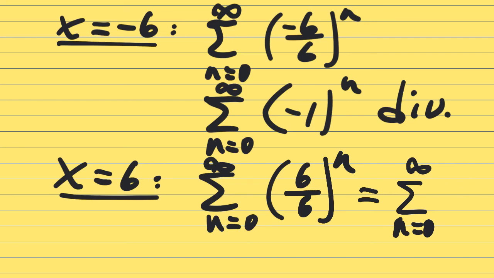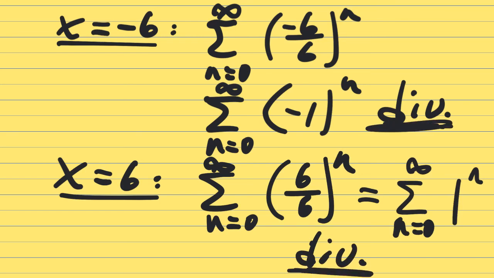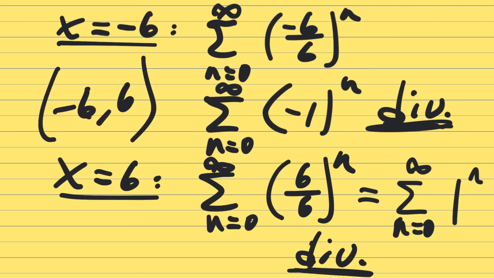So the sum from 0 to infinity of 1, no matter what the power is, that's also divergent. Since we have divergence at both endpoints, your interval of convergence is -6 to 6, both with parentheses.